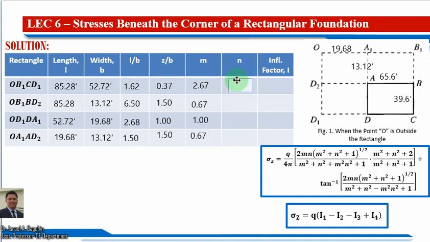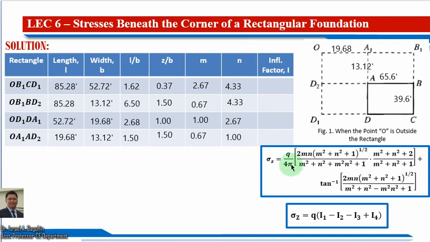For our n, which is just the ratio of this length over the depth Z, we get the value of 4.33 here. For the second rectangle, we have the same 4.33, since they have the same length. And for the third rectangle it is 2.67, and the last rectangle is 1.00.